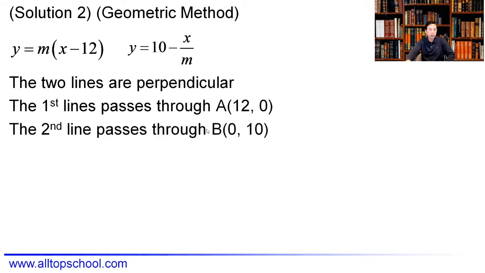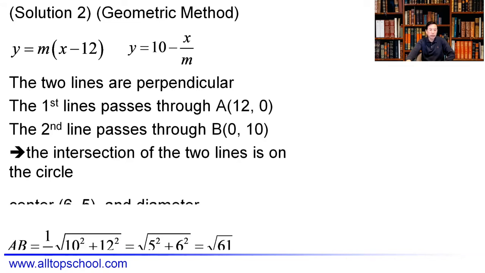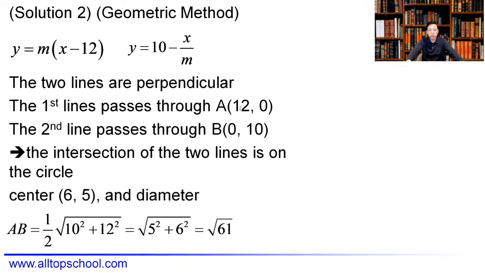Okay. In that case, because they are perpendicular, we can tell the intersection of the two lines is on the circle. And also the center will be exactly the midpoint of these 2 points, and the diameter will be the distance between them. That will be square root of 61. We're going to show you the diagram in a moment.